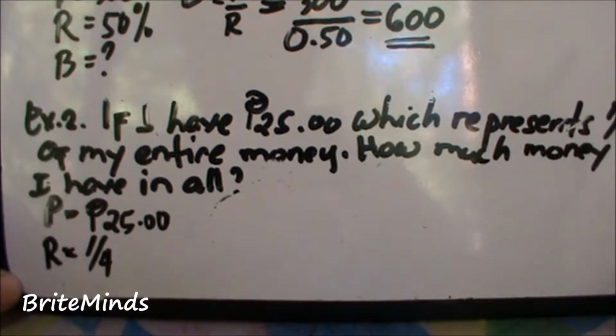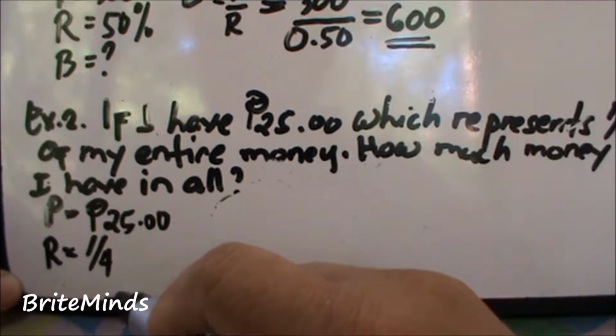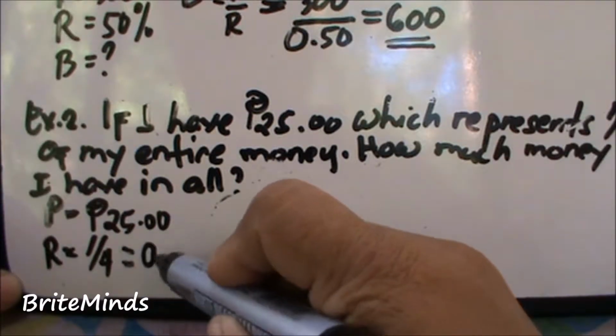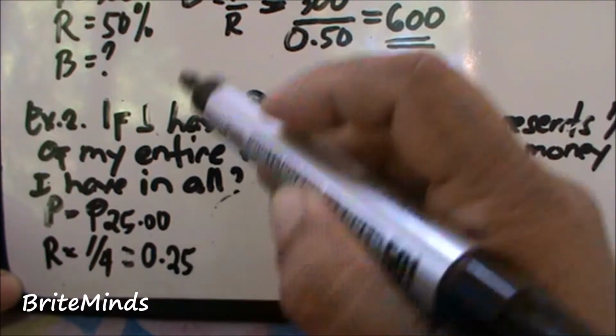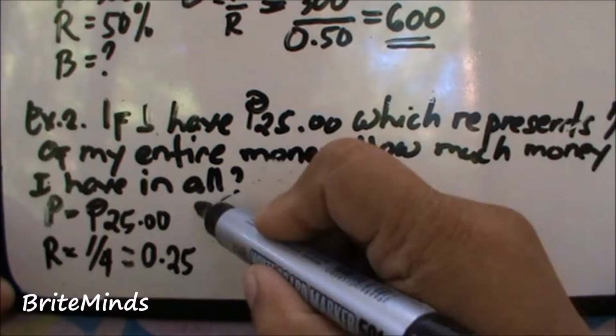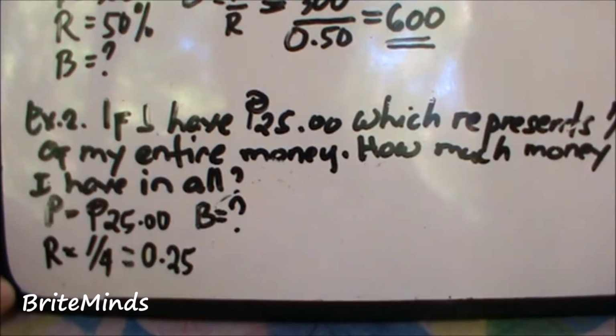It will be easier, guys, if we convert the rate into decimal. So 1 divided by 4 will be 0.25. Or if you insist, you can use the 1/4. And then the unknown, so we need to compute for the base.